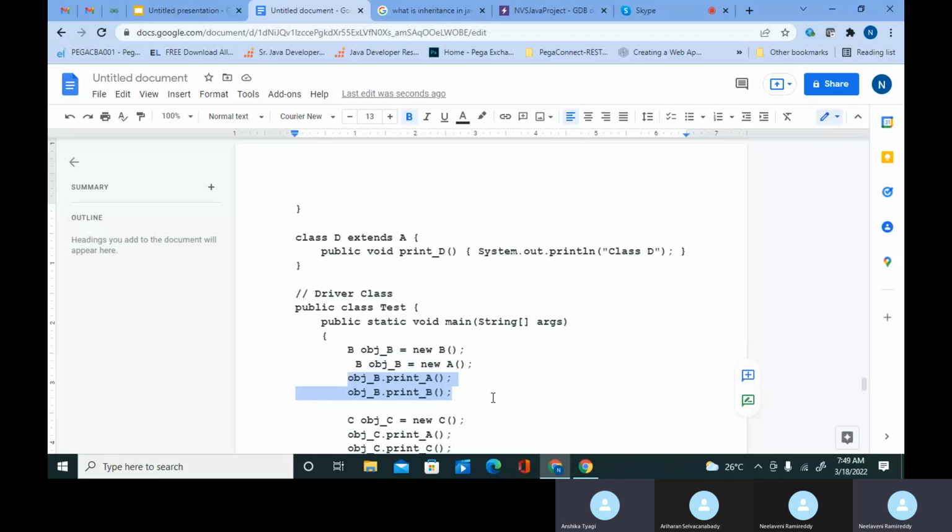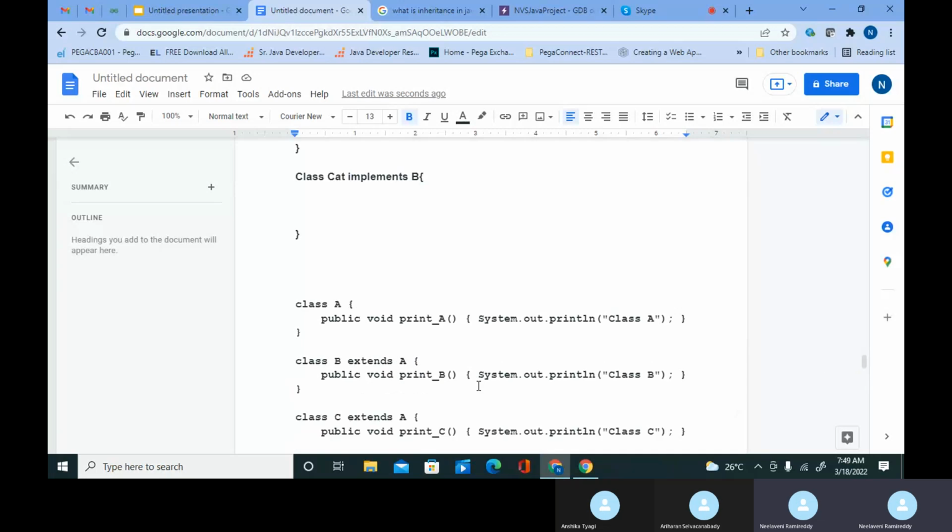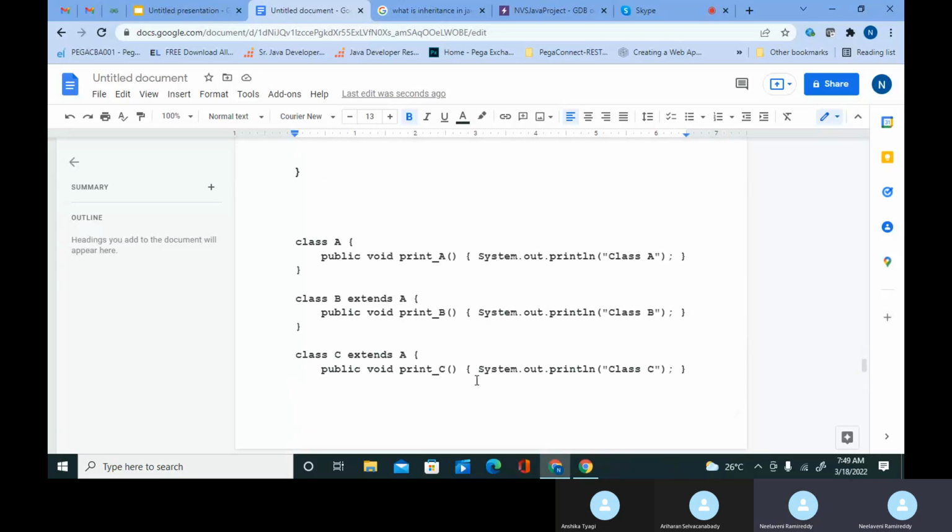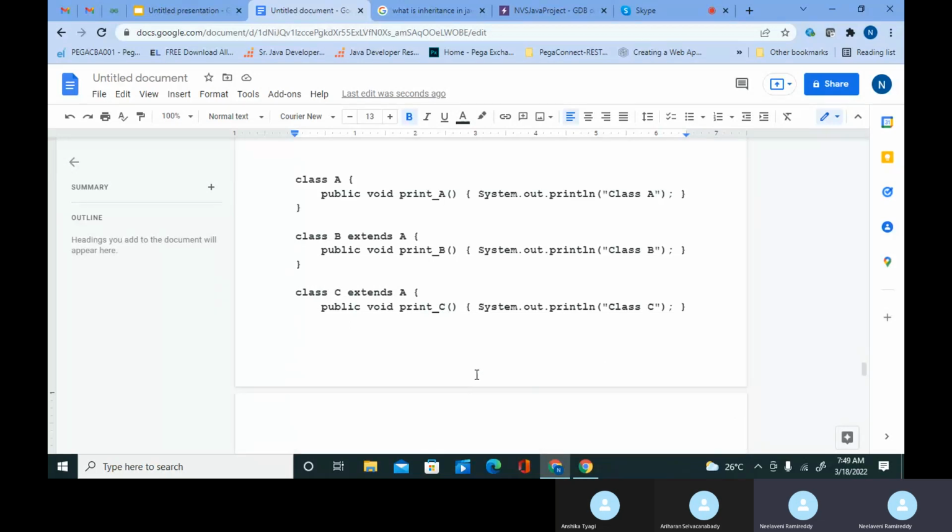Okay, any difficulties? Hierarchical inheritance, nothing more to it. Hierarchical inheritance means a single parent that we extend from multiple different classes.